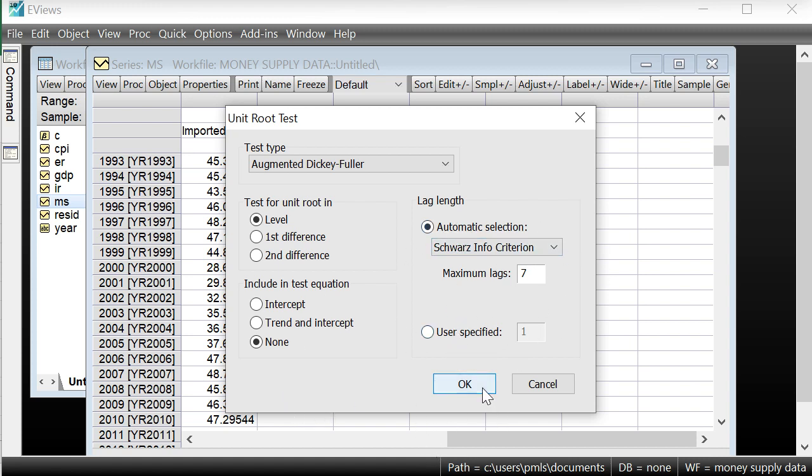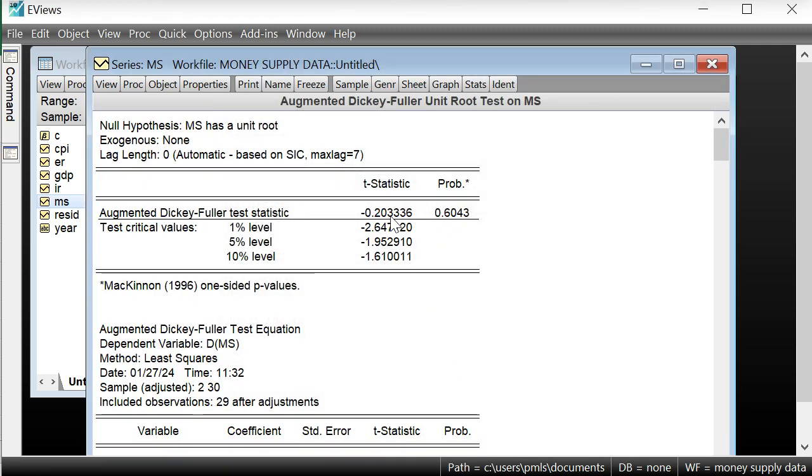If you see, this is our calculated value and these are tabulated values. At 10% level the critical value is minus 1.61, which is greater than our calculated, so we are not going to reject. It means non-stationary.